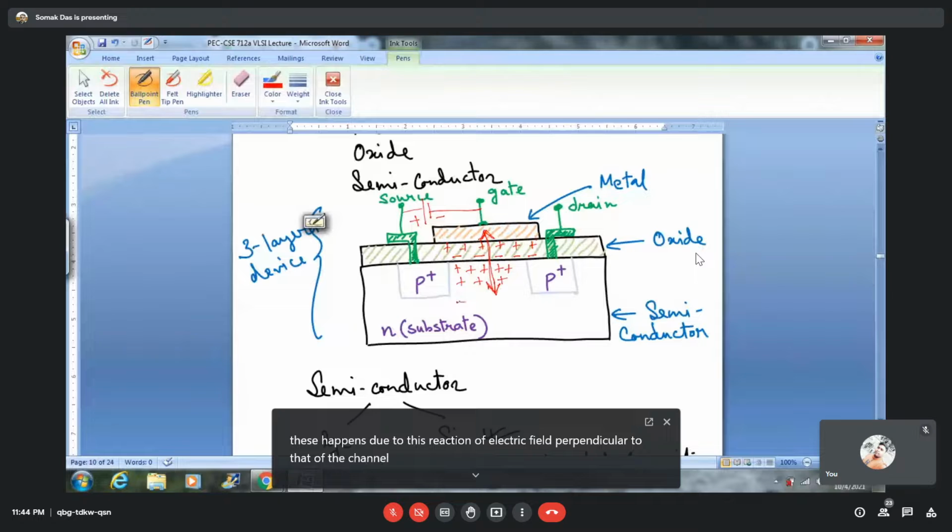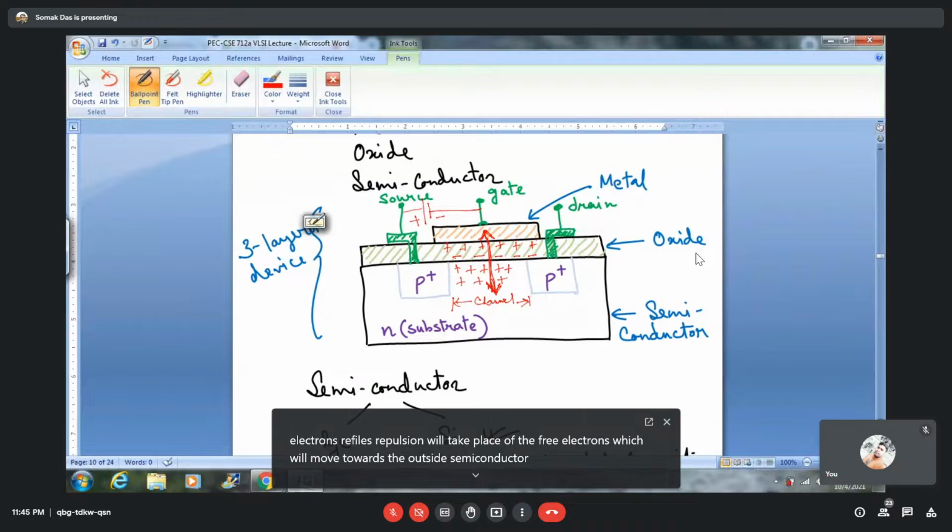Which is the channel? This portion is termed as the channel. The gap between two P-plus regions. So the electric field will be perpendicular to that of the channel, and due to this electric field, there will be positive charges from the oxide layer moving towards the metal oxide junction, and repulsion will take place of the free electrons, which will move towards the oxide semiconductor junction.